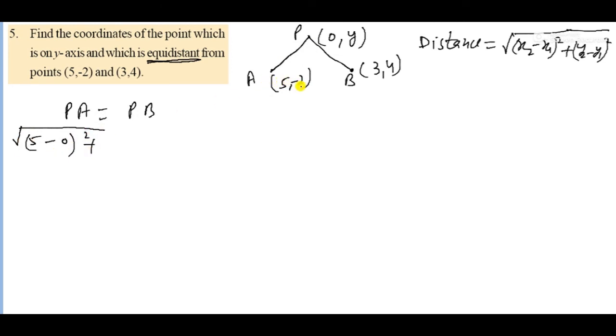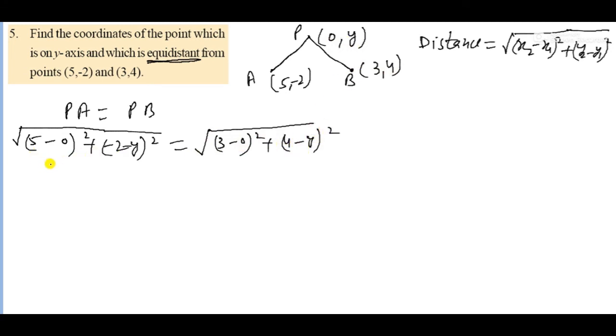Now come to question number 12. Find the coordinate of the point which is on the y-axis and which is equidistant from these points. So you have to write point P. It is point P which lies on the y-axis. On the y-axis, x is 0.